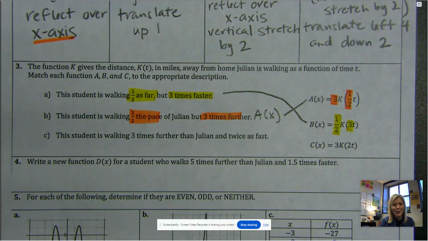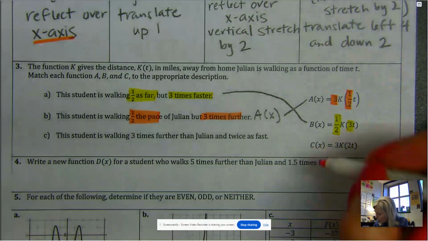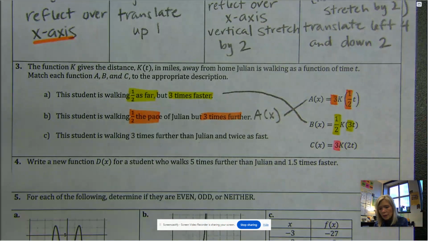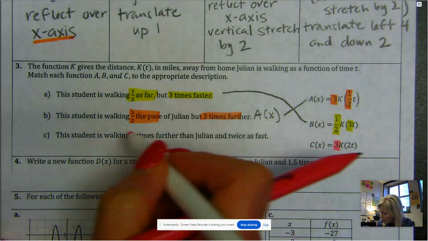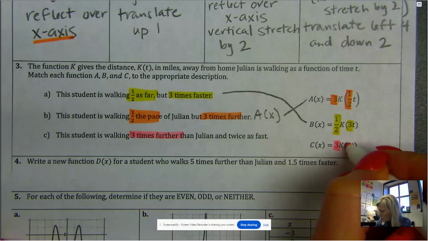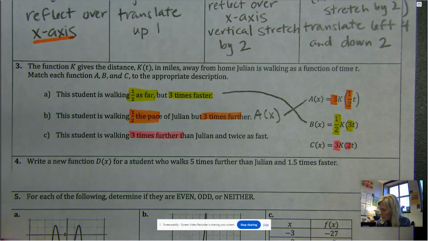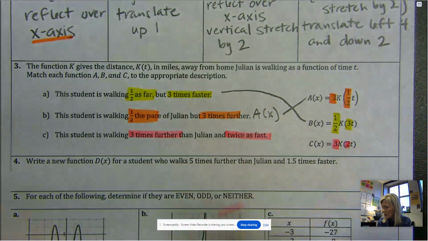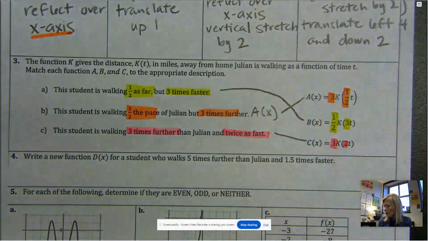And obviously the last two are going to match up, but let's talk about it. So this 3 in front of the outputs is going to change the distance. And then the 2 here connected to the input is going to double the speed, so twice as fast. So they match.